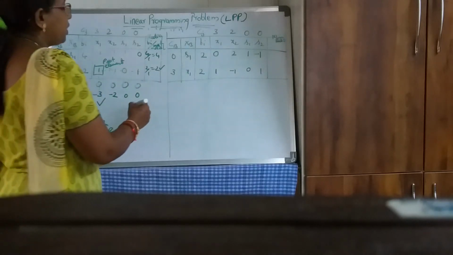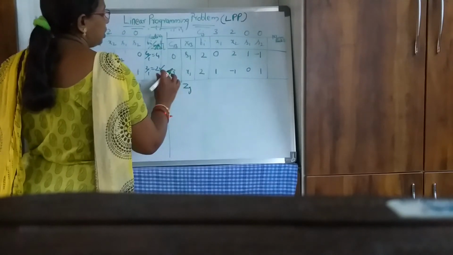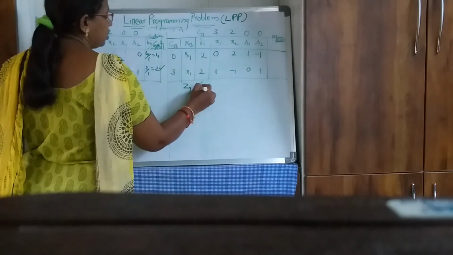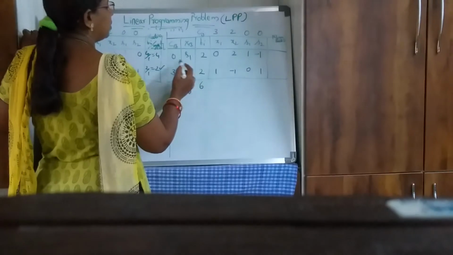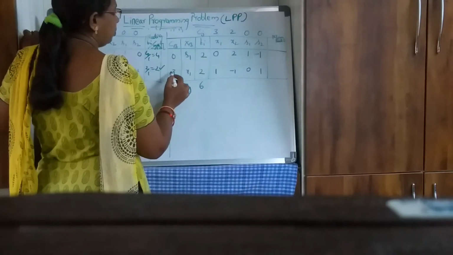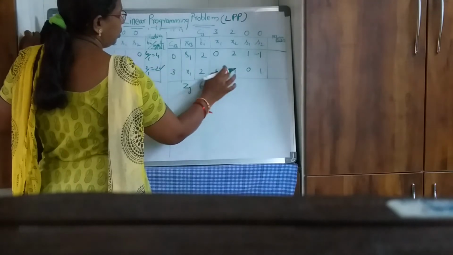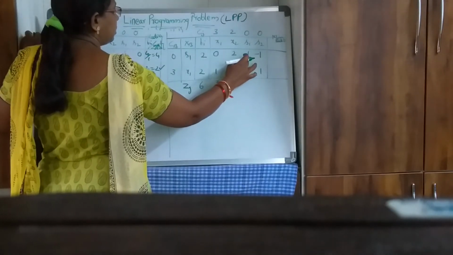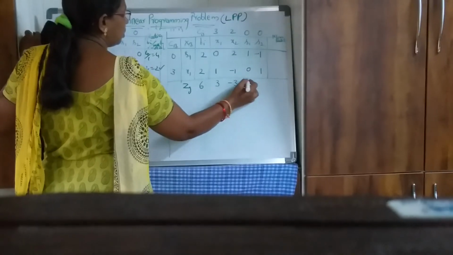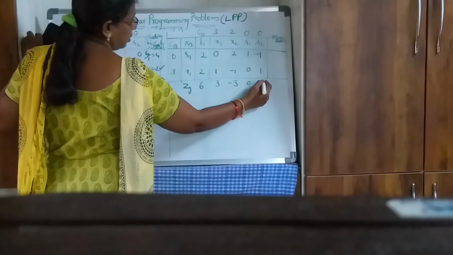Now again calculate Zj. 0 into 2, 0, plus 3 into 2, 6. Again 0 into 0, 0, plus 3 into 1, 3. 0 into 2, 0, 3 into minus 1, minus 3. 0 into 1, 0, 3 into 0, 0. 0 into minus 1, 0, plus 3 into 1, 3.